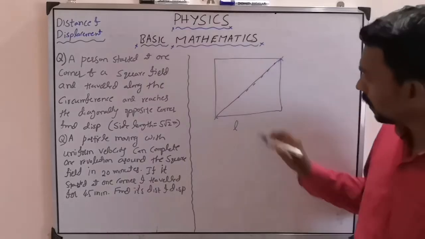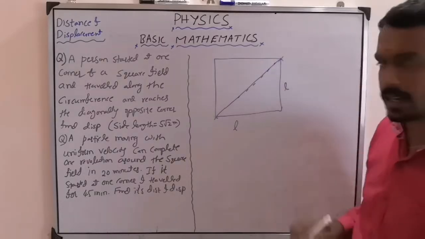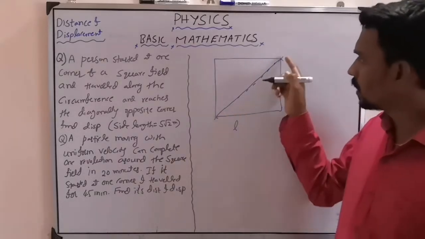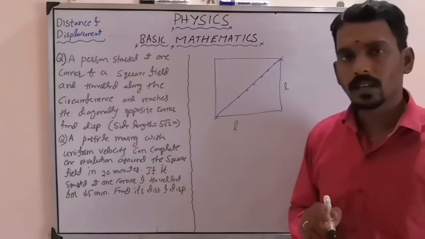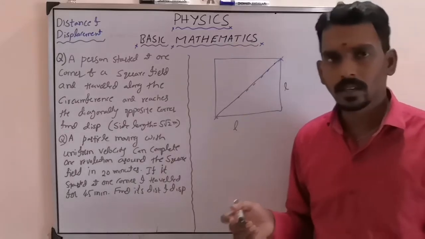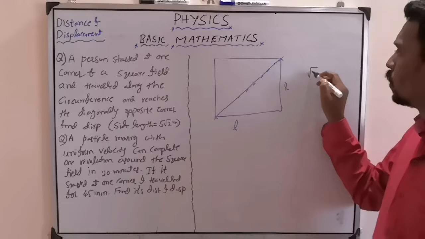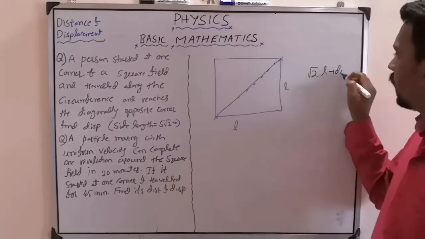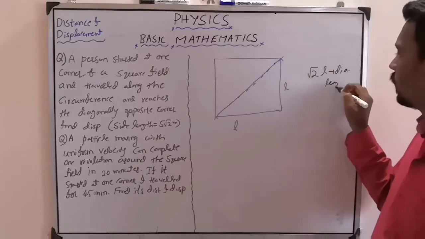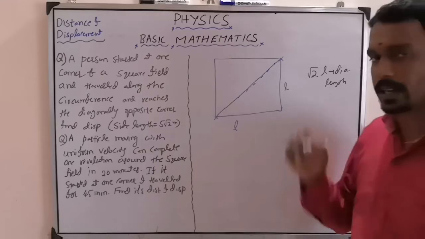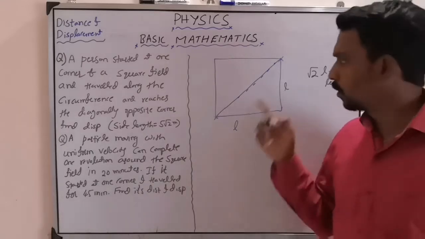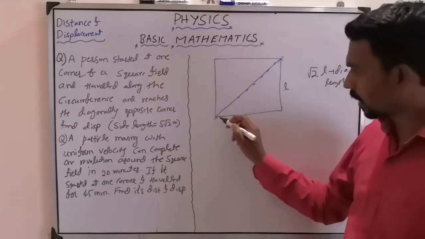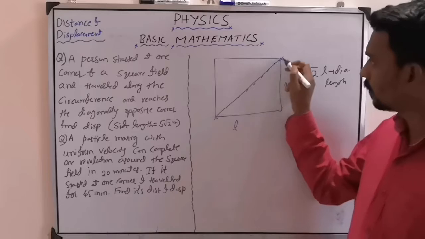Here this is side length, this is side length. Now what is the diagonal length of a square? We have already studied: root 2 L, where L is the side length.